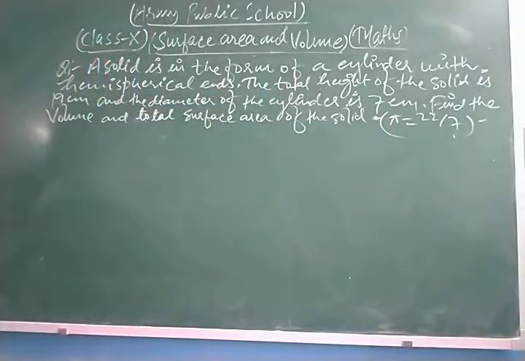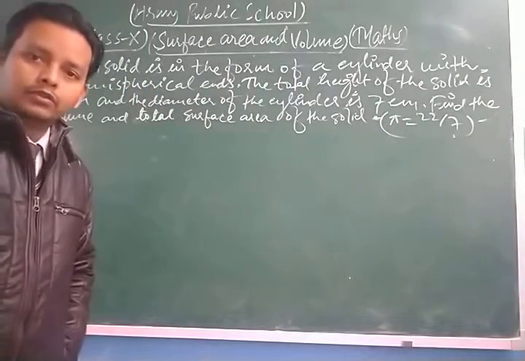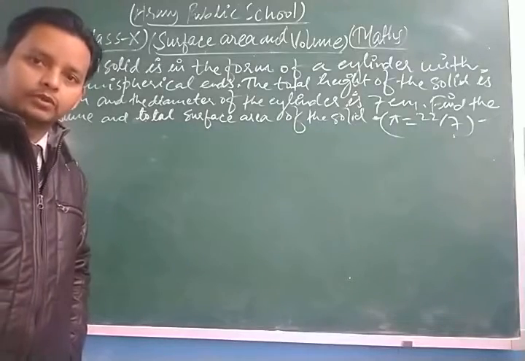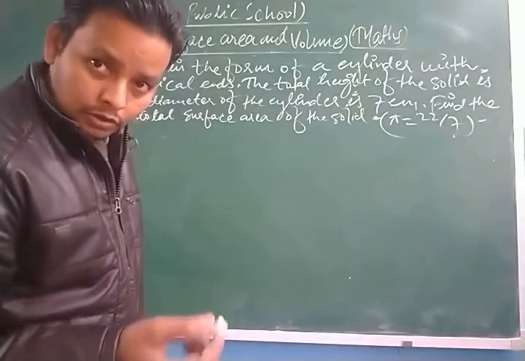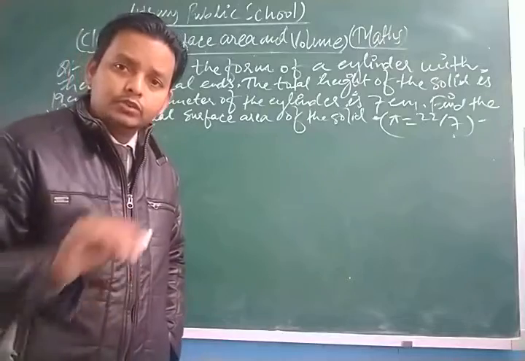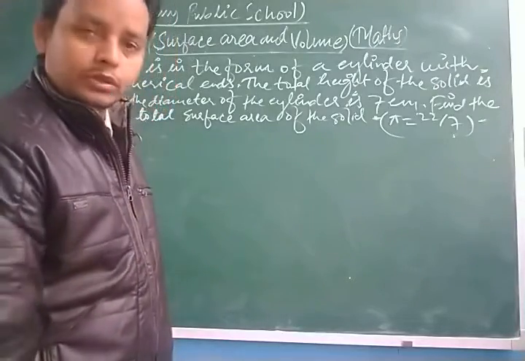Okay, this is a very important question, dear friends, based on this chapter. Now let's see its solution, and after that you can solve all the questions based on these topics.